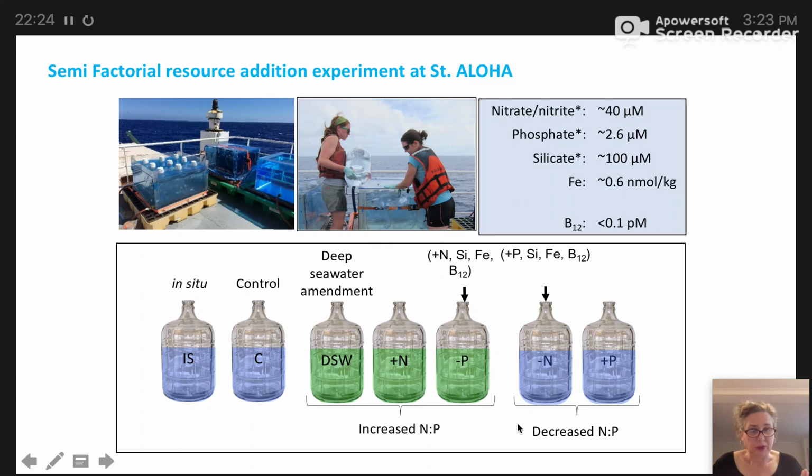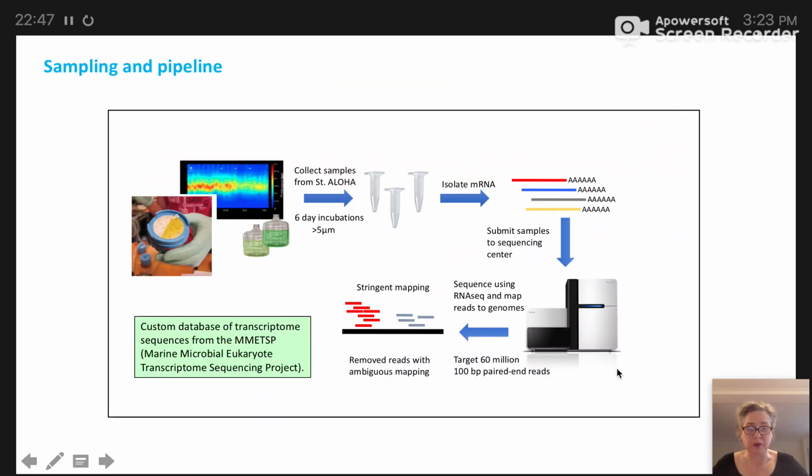As a counterpoint, we also had treatments where we decreased the N to P ratio. For example, this treatment where we added phosphate and other resources, again to drive the physiology now more towards a low nitrogen scenario. Our sampling for these experiments is very similar to that which I showed you before, but now we're sampling incubation treatments after a 6-day incubation.